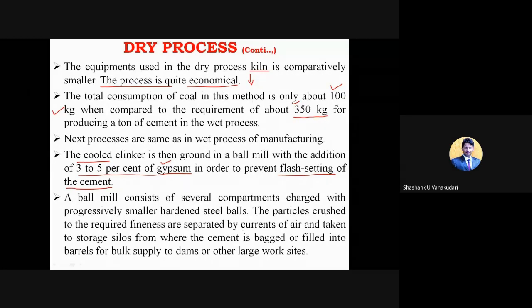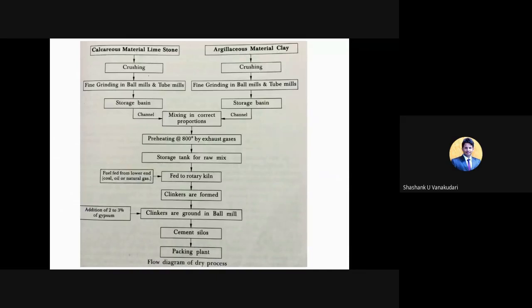Basically, cement is packed in 50 kg bags, but when you require a large quantity, like while constructing dams and other large concrete structures, you can send a particular silo directly to the required location instead of packing it into bags. So this is the dry process.